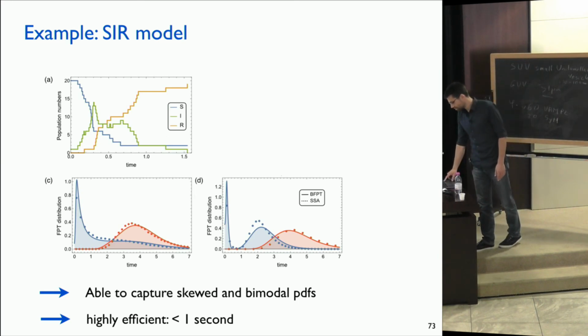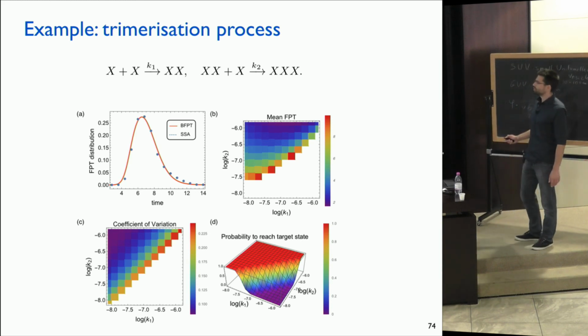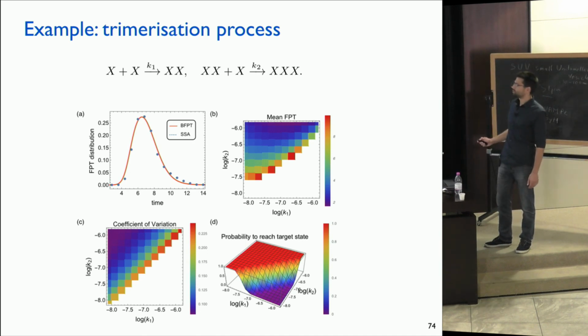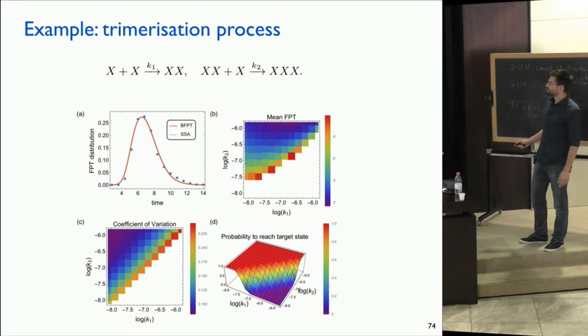Okay, let's look at another example, a trimerization process. So we have monomers X, which bind to give a dimer, which binds again to a monomer to give a trimer. And we want to know how long it takes for a certain number of trimers to be generated, in this case 1000. So we can compute again for 1 parameter set the distribution, and it fits the simulations very well.